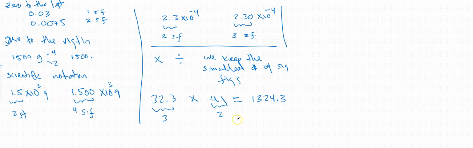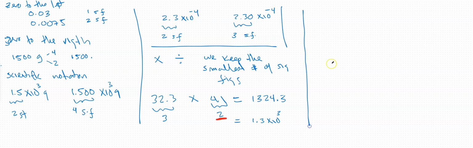So the actual number you need to write, you should only keep 2. So it is 1.3 times 10 to the 3. This is the number you will write, in scientific notation. So you only have 2 significant figures, which makes sense because we keep the smallest amount of significant figures in a multiplication or in a division.